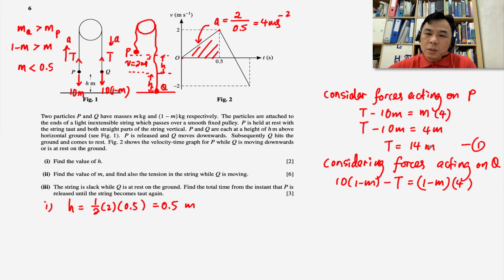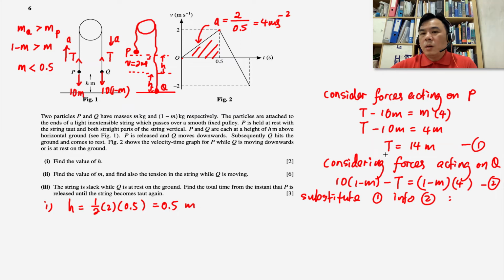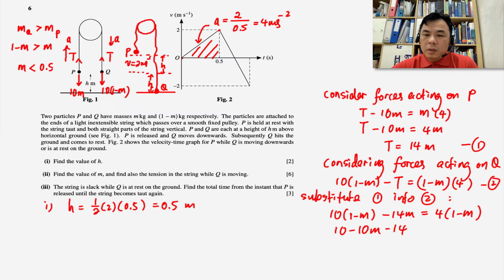If you don't want, you can substitute the 14M directly into number 2. So I'm going to say that we substitute number 1 into 2, for instance. So from here you have 10 times 1 minus M, minus 14M, is equal to 4 times 1 minus M here. And then with a bit of simplification, this is like 10 minus 10M minus 14M equal to 4 minus 4M here.